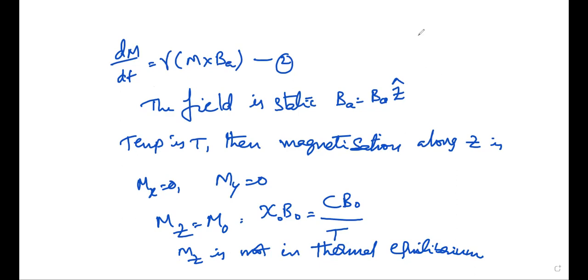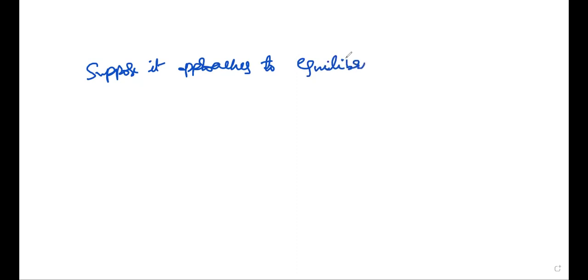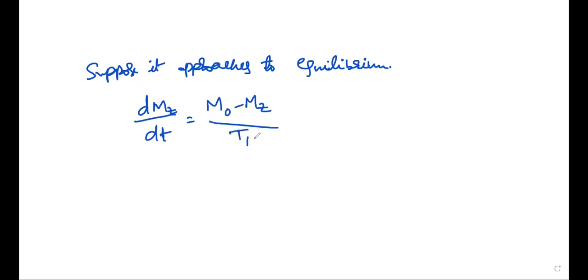So the rate of change of the magnetization along the z axis is dMz by dt equal to M naught minus Mz, whole by T1.